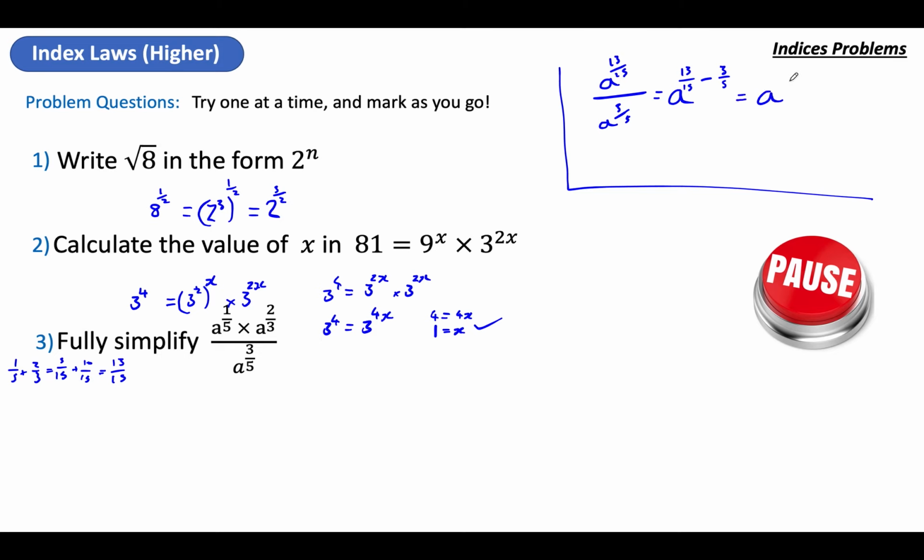Okay, let's get the denominators the same because otherwise we can't subtract our fractions. If we times the top and the bottom by 3, so 9 over 15, I've got 13/15 take away 9/15, which is 4/15. So this simplifies to a to the power of 4/15.